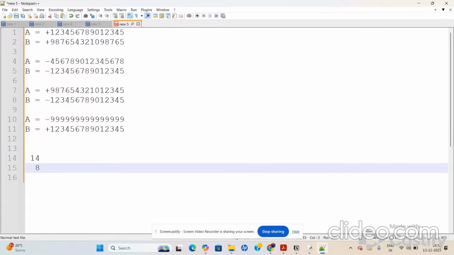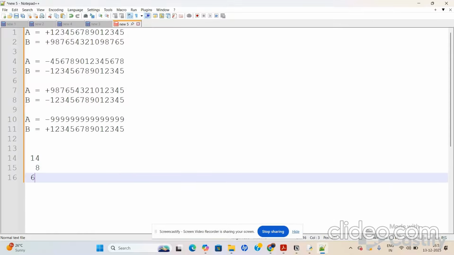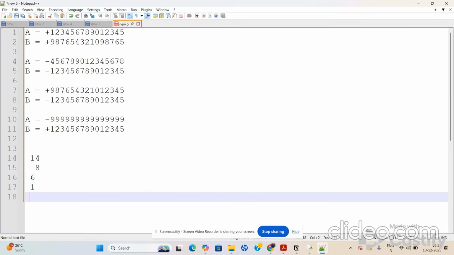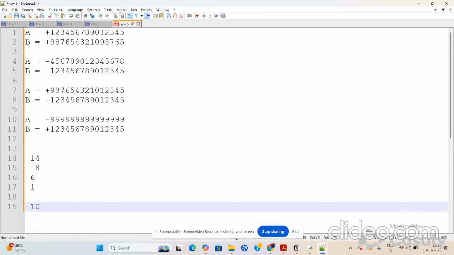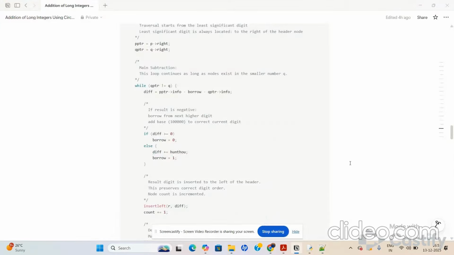You have the value 6, correct? And then you keep the borrow as 1. And then next time what you do is you do 10. Okay, then you have the value 6, then minus 10. So you get the final answer as -4. So this logic has been put here.